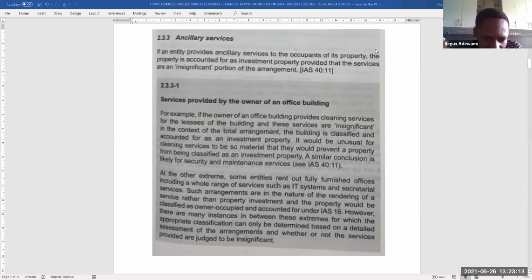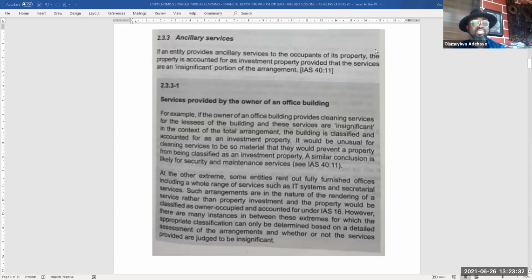However, there are many instances in between these extremes for which the appropriate classification can only be determined based on a detailed assessment of the arrangement and whether or not the services provided are judged to be insignificant.